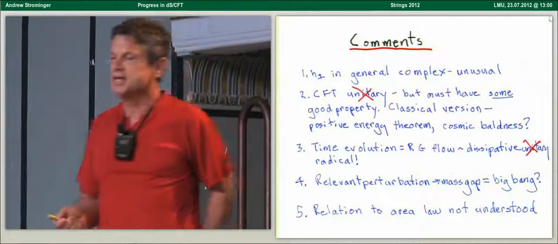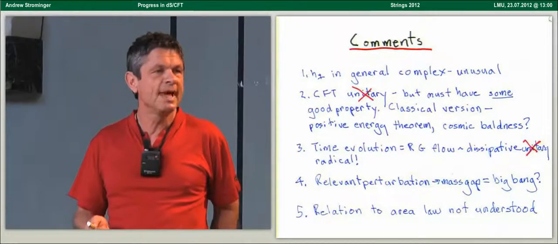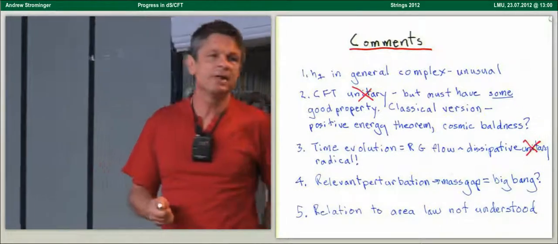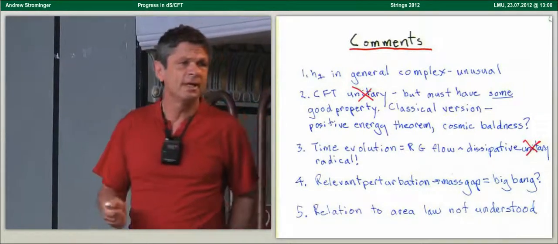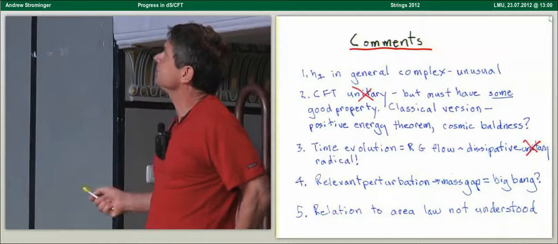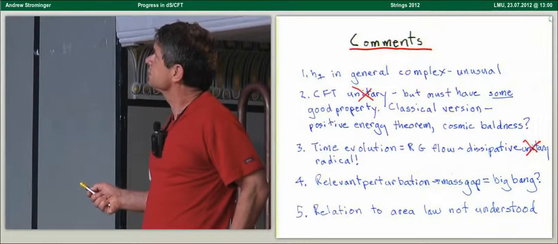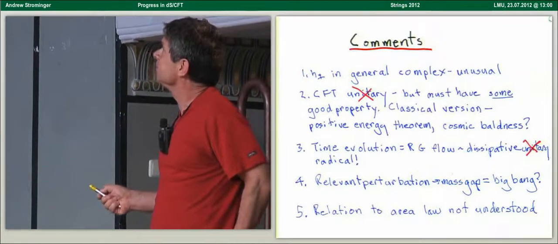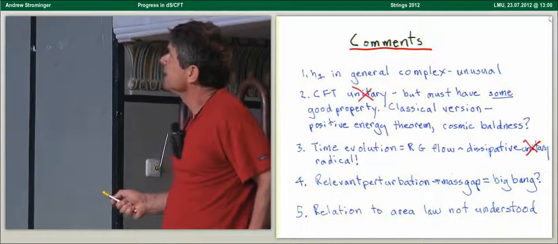The unitarity of the conformal field theories that are dual to anti-de Sitter bulk theories ultimately follows from the quantum analog of the positive energy theorem in asymptotically AdS gravity. And we don't have a positive energy theorem in de Sitter space. There's something called cosmic boldness and other kinds of conjectured properties, but we don't even know what the classical property is whose quantum version we would like to preserve in such a theory.